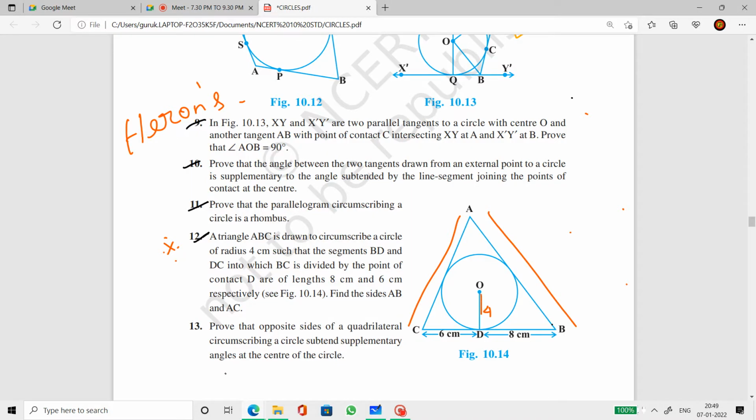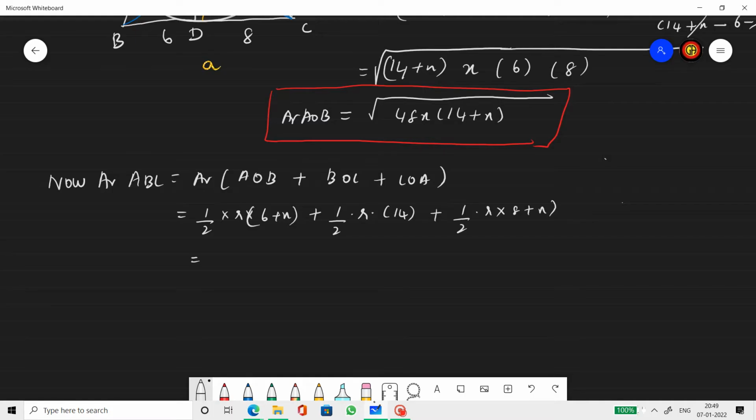R is the radius, 4 units. So substitute R as 4. So half into 4 into 6 plus x, plus half into 4 into 14, plus half into 4 into 8 plus x. So in the end, if you simplify, you get 56 plus 4x as the area of ABC using this form.